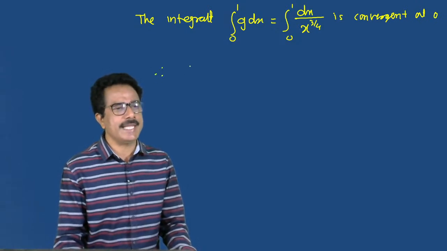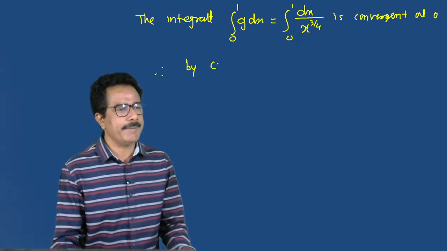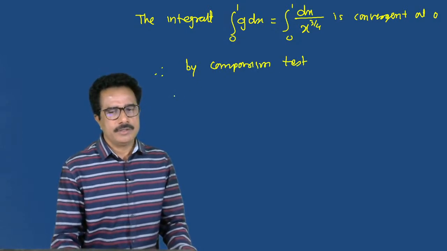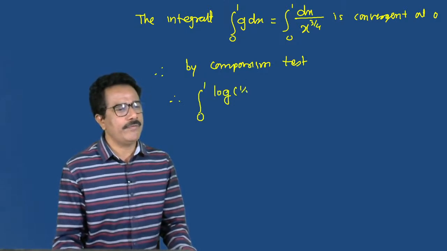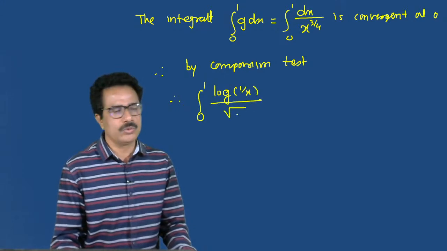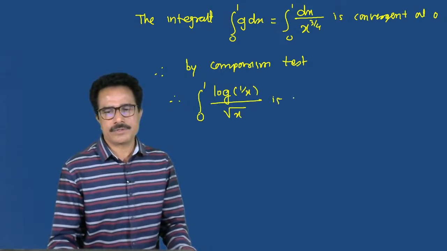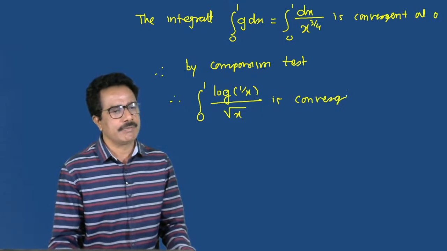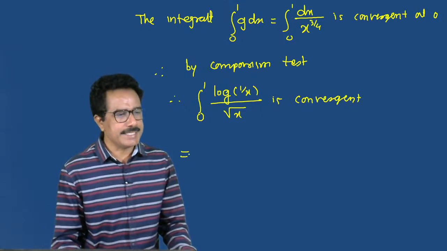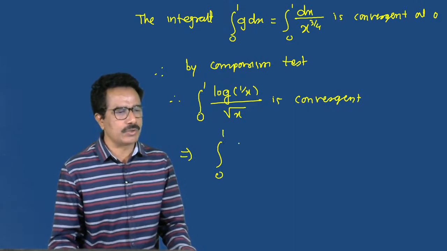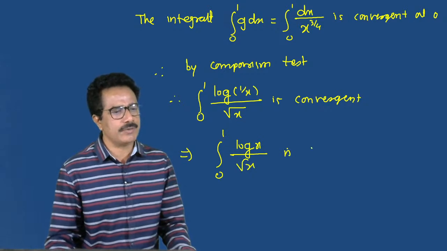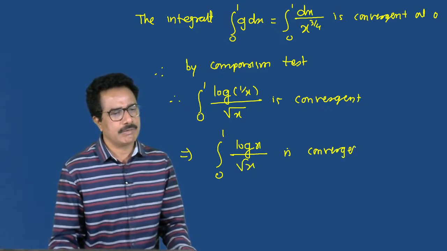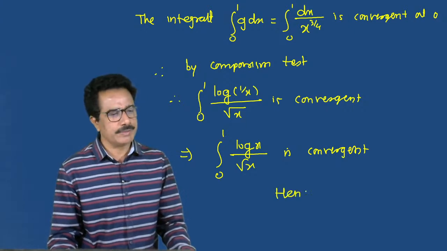Therefore we can say that by comparison test, integral from 0 to 1 log of 1 divided by x upon root of log x is convergent. This implies that the integral from 0 to 1 log x divided by root x is convergent. And hence proved.